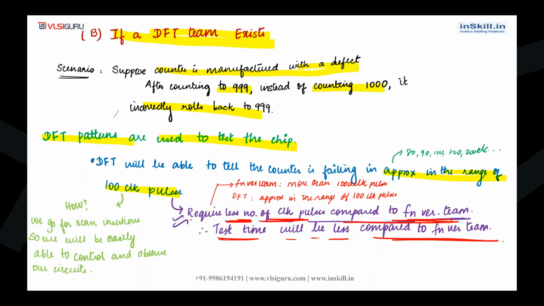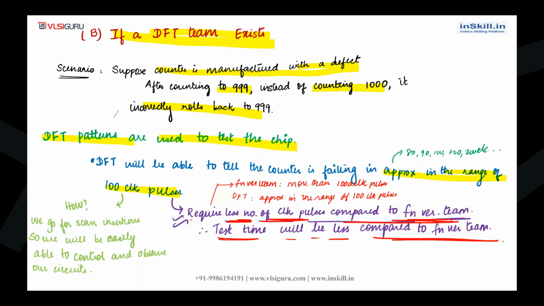So for the same situation, the functional verification team had required more than 1000 clock pulses, whereas DFT team approximately requires in the range of 100 clock pulses. So that is why test time will be less.